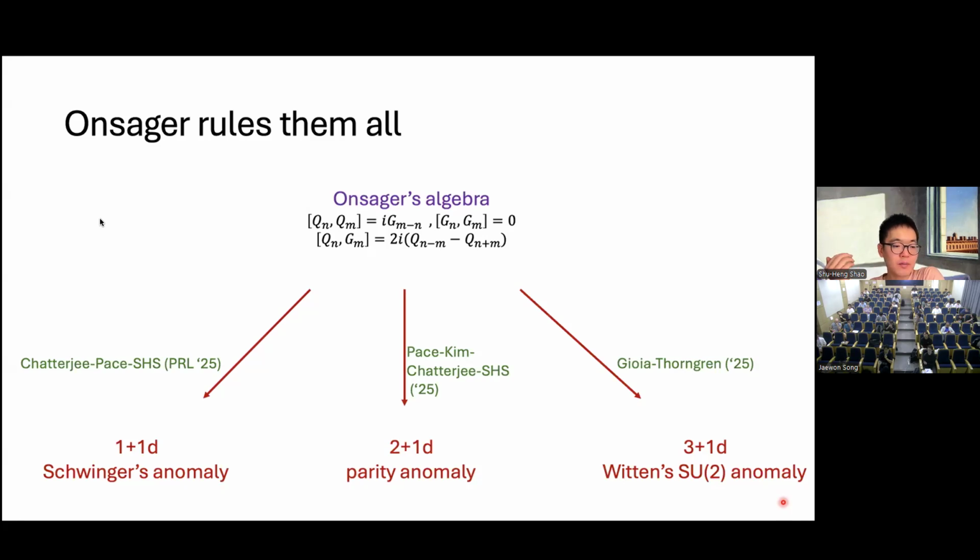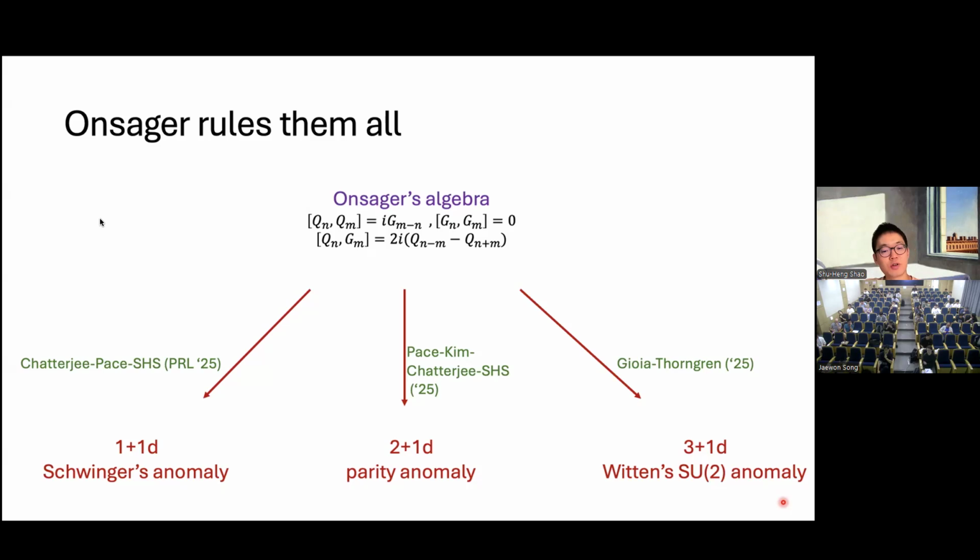Having said that, there are many other anomalies that you can realize in a much more straightforward way on the lattice, and some of them can be matched by TQFT. I think the novelty of this construction is that these anomalies that cannot be matched by TQFT, especially perturbative anomalies, are much more subtle.